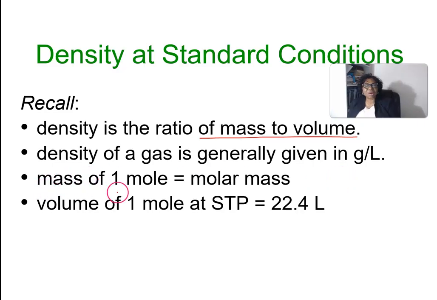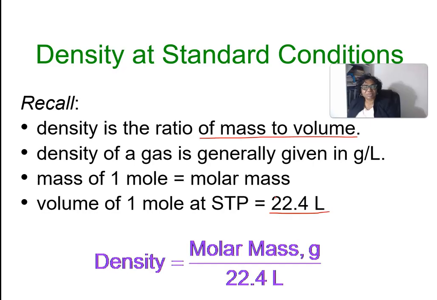The mass of 1 mole of gas equals the molar mass, and the volume of 1 mole of gas at standard temperature and pressure is 22.4 liters. So our density is the molar mass of the gas over the molar volume of the gas.